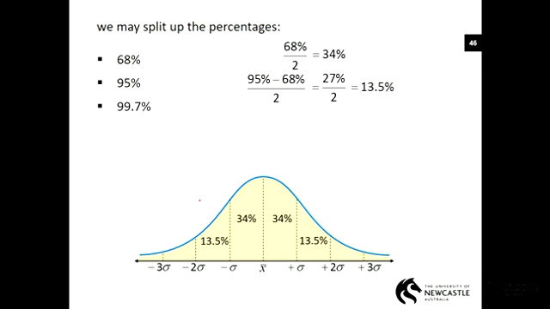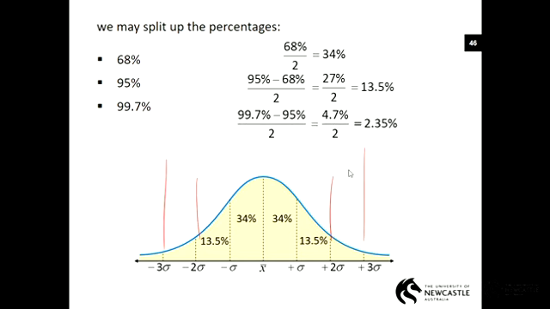Then, if 95% fits between here and here, 99.7 fits between here and here, then do that subtraction and divide by 2, and that tells you 2.35% lies in there. And overall, we should have 100% of data under this curve. 100% minus 99.7 is 0.3%.